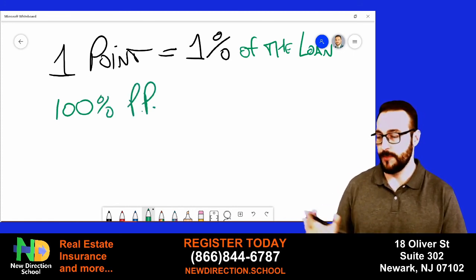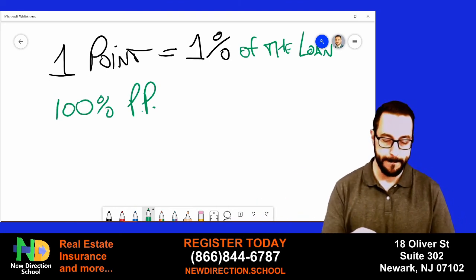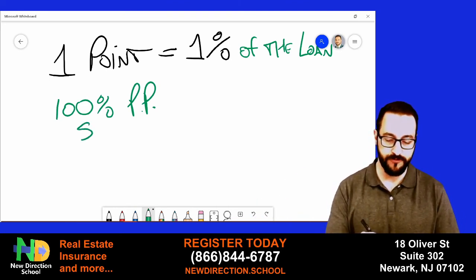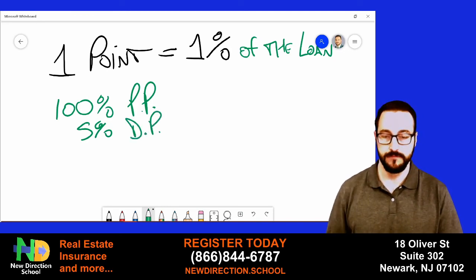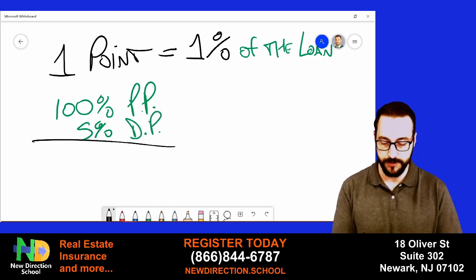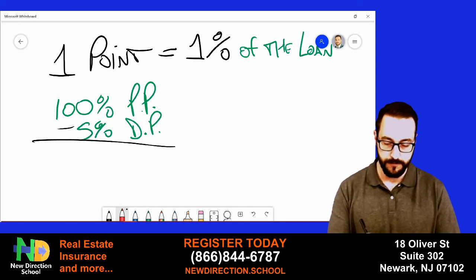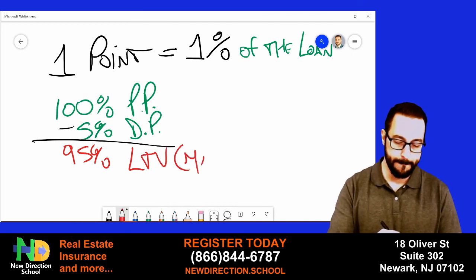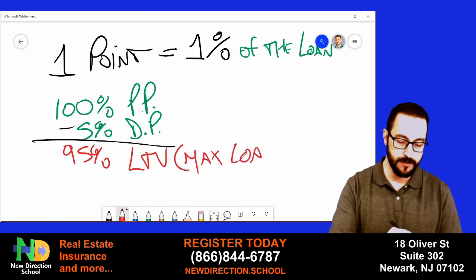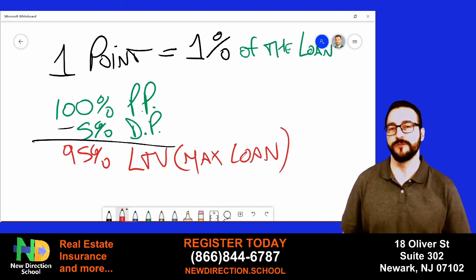Okay, that's PP here, purchase price. And they say you have to come up with 5% down payment. The difference between these two is 95% LTV, or maximum loan amount given to you.